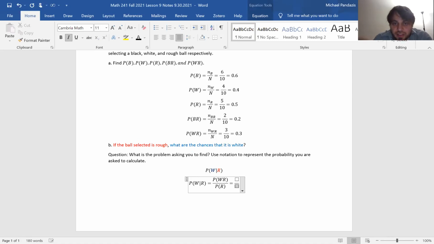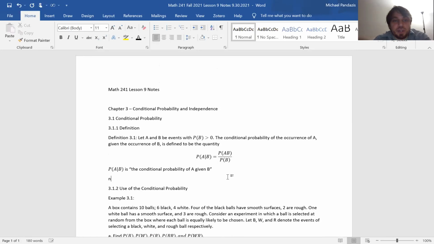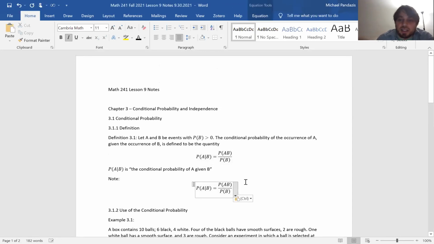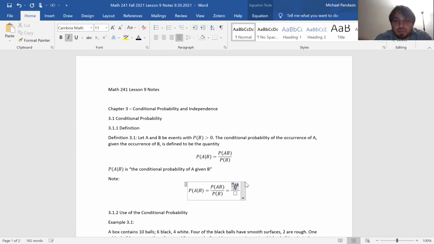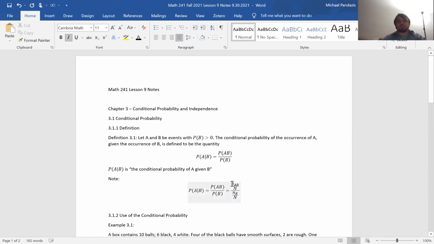And so I should point out that in this definition, when you say that the probability of A given B is equal to that, that means it's equal to the number of sample points in the event AB divided by the total number of sample points in the space, divided by the number of sample points in the event B divided by the total number of sample points in the space, because these are the probabilities in the numerator and denominator.